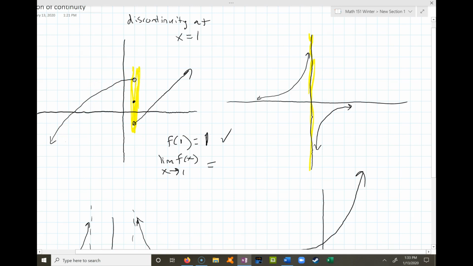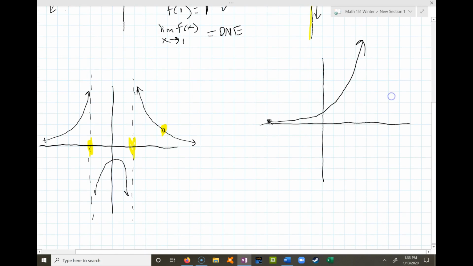As I approach from the right side, the limit is approaching -1. Since the left-hand and right-hand limits don't agree, this limit does not exist. And that is the reason why there's a discontinuity there: the limit does not exist at that point.